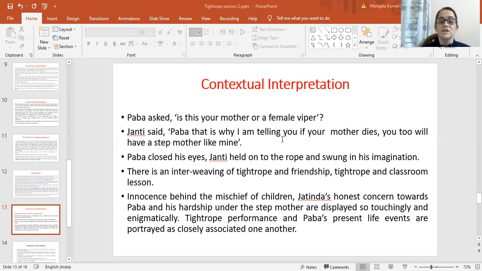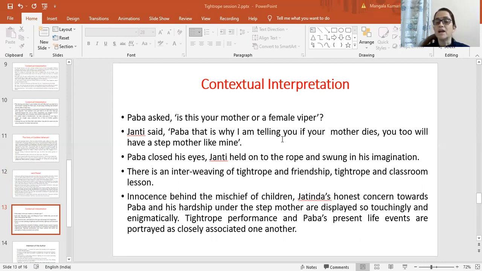Students, in this lesson you became familiar with the innocence behind the mischief of children, Jatinda's honest concern towards Baba, and his hardship under the stepmother. These things are portrayed so touchingly and so enigmatically.